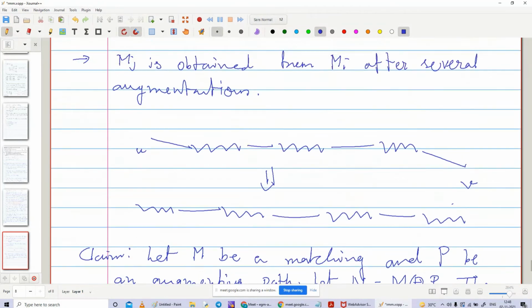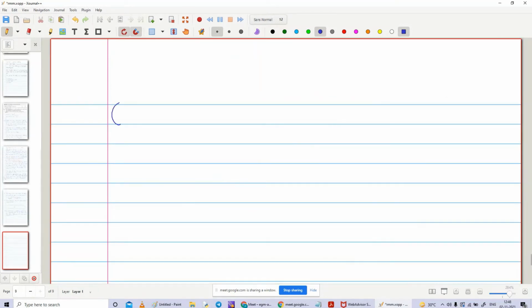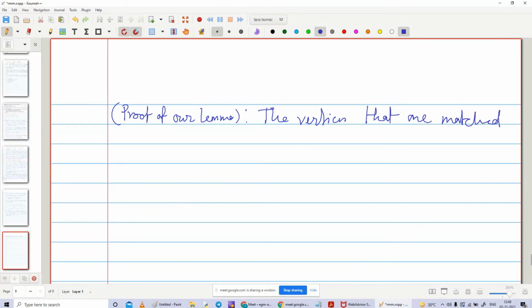So, going to the next page, the proof of our lemma: the vertices that are matched in Mi remain matched in Mj.